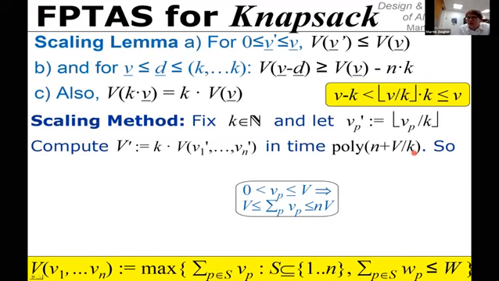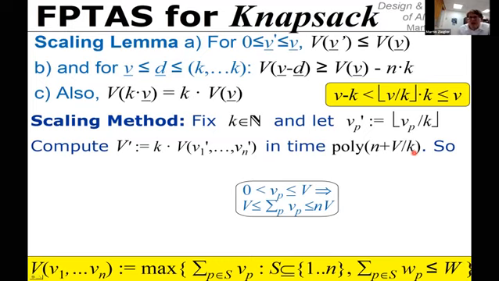And our goal is to analyze the accuracy and then to choose k large enough so that on the one hand, the algorithm will have running time that becomes polynomial, and on the other hand, not too large so that the error will still be sufficiently small, namely so that we achieve this approximation ratio of 1 minus epsilon, right? Epsilon is a number less than 1, because we're talking about a maximization problem, and epsilon is going to be the parameter input to our algorithm.